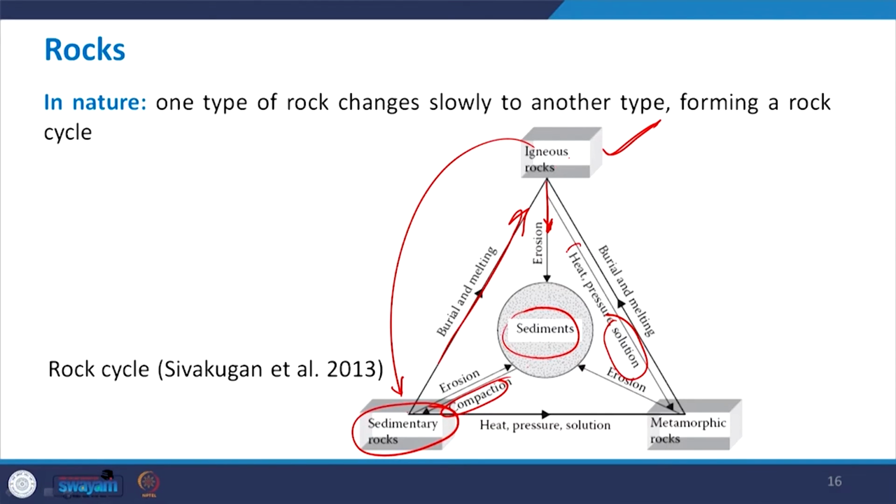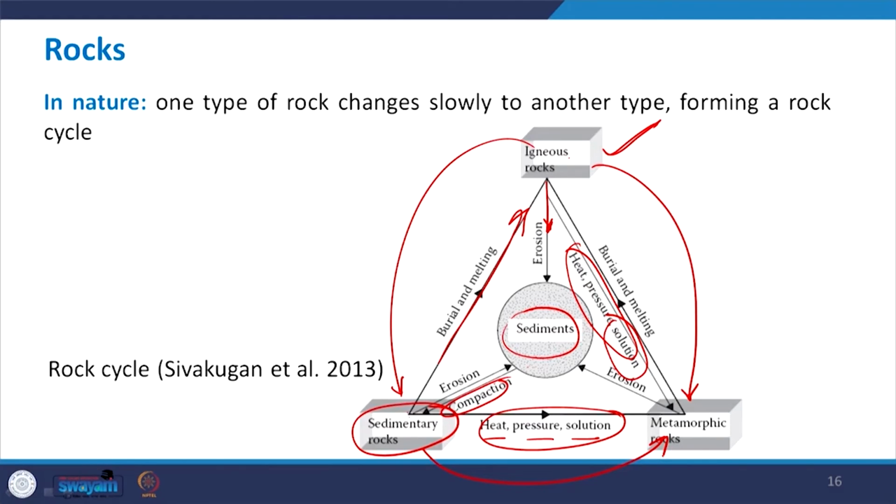So, upon the application of these agencies, this igneous rock will get converted to metamorphic rock. Come here again, if you have a sedimentary rock and if that sedimentary rock again undergoes these agencies like heat, pressure and solution, then this sedimentary rock can be converted into this metamorphic rock.